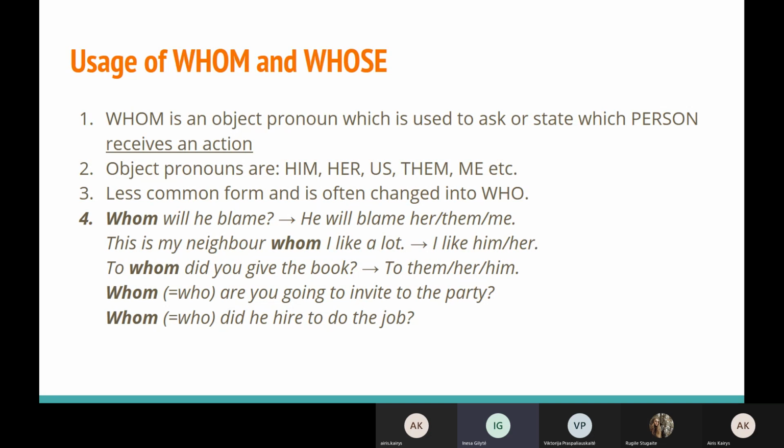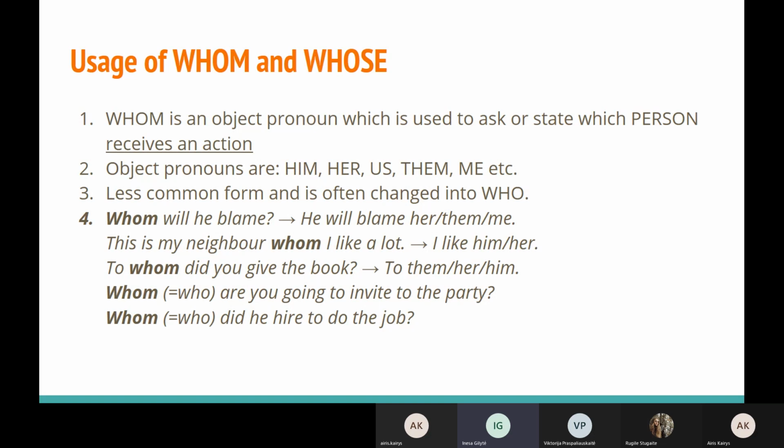Of course, these two words may not be used in modern texts or modern speech, because it is sometimes seen as an obsolete variant of pronouns, and it can be changed into who. But I think it's nice to really see the difference between whom and whose.